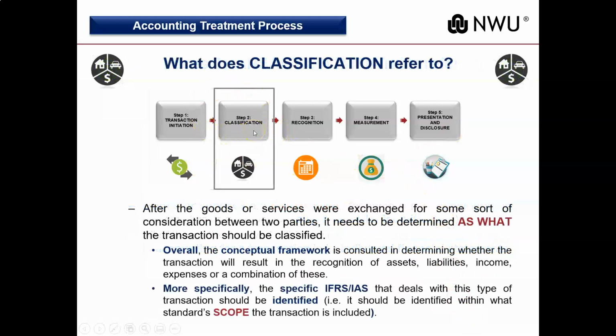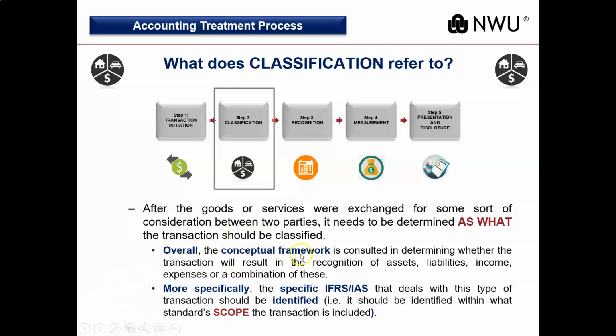Step 2 is all about classification. That is very important, we use the conceptual framework, which we are going to go into detail about in about 2 lectures from now, and you will have a lot of questions in each and every test or exam on the conceptual framework.